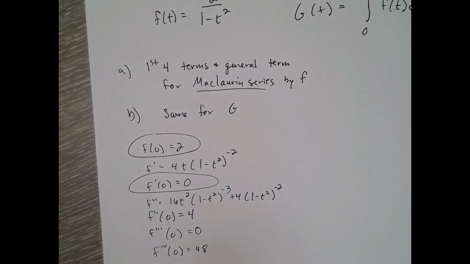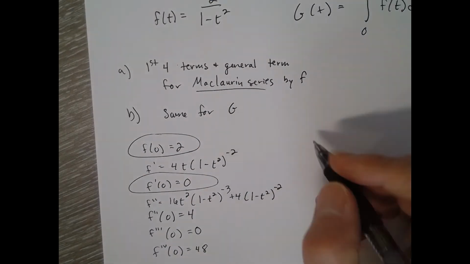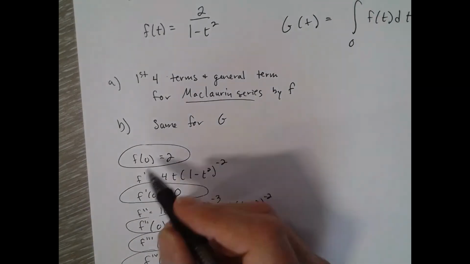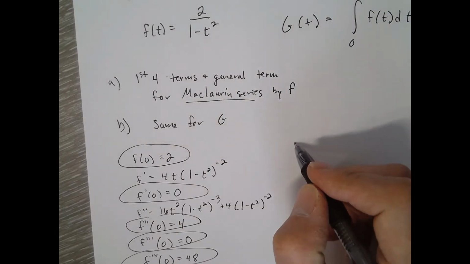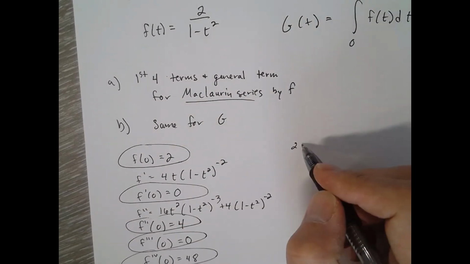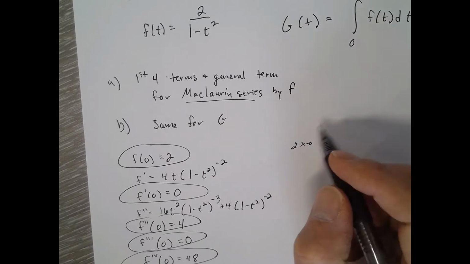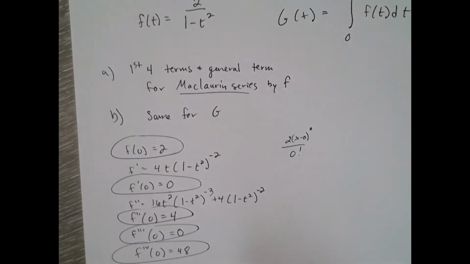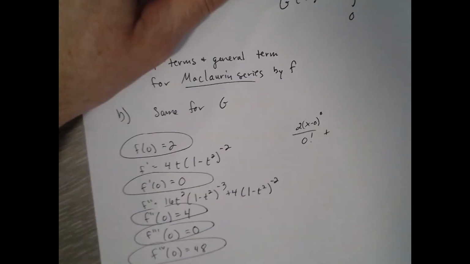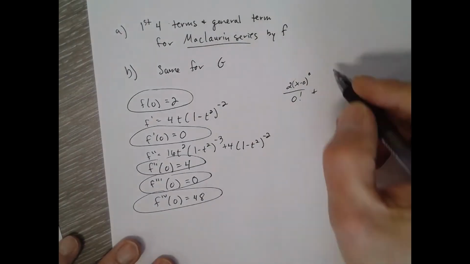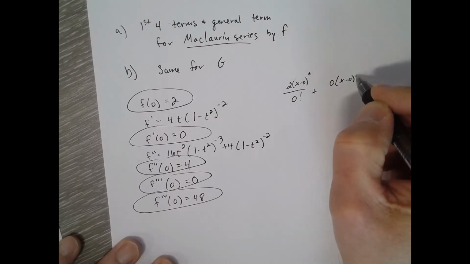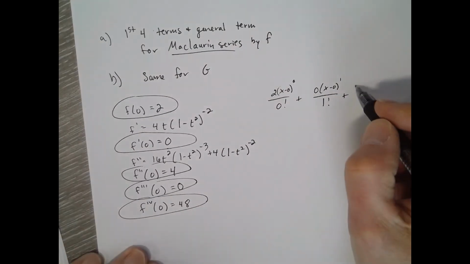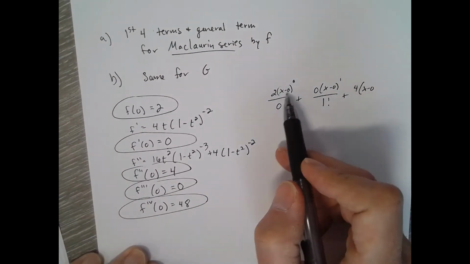Okay, so using Taylor's theorem, we know that we need four terms. So our first term, f of 0, is 2. So it's 2 times x minus 0 to the 0 over 0 factorial. Plus my next coefficient is 0, x minus 0 to the first over 1 factorial, plus 4 times x minus 0, because it's centered at 0.